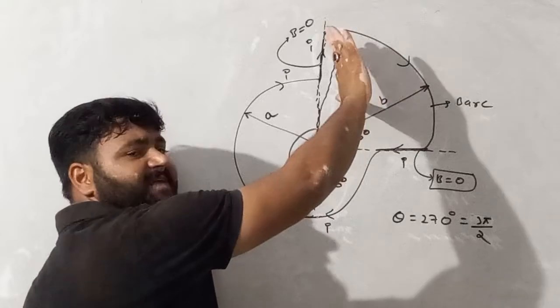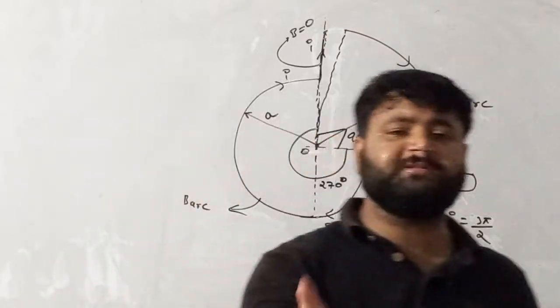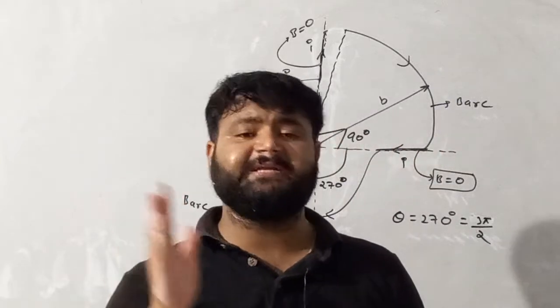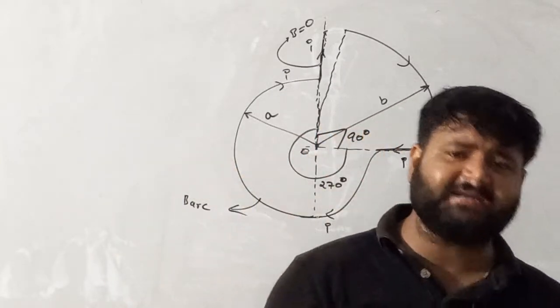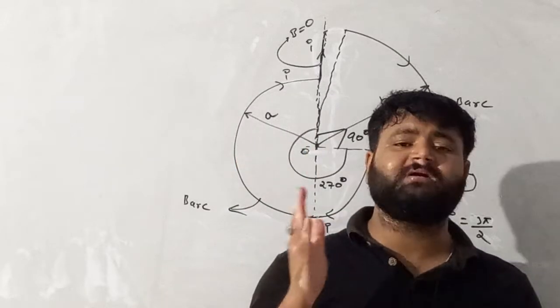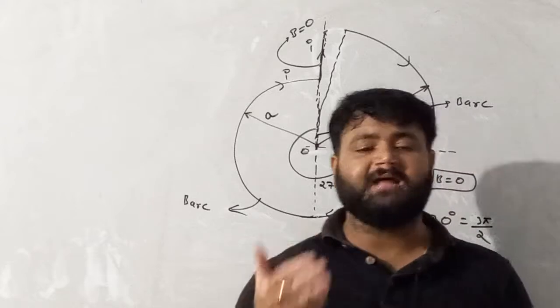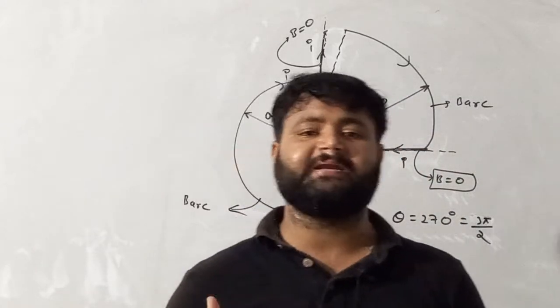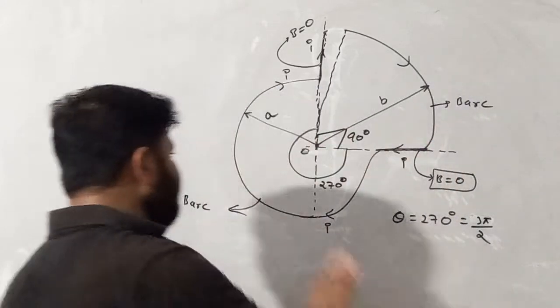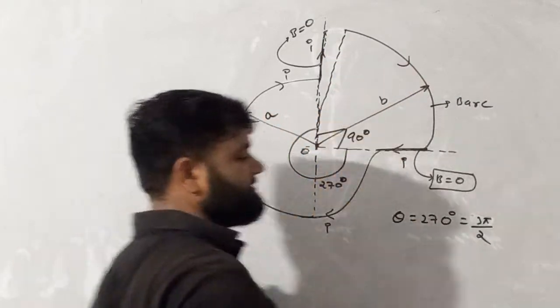Similarly, due to this arc as well, the direction of magnetic field is inside, because we know that the direction of magnetic field due to a semicircular arc or arc is found by the right hand screw rule, in which we have to curl our right hand fingers in the direction of current. The thumb gives the direction of magnetic field. So my dear students, thumb is inside, similarly thumb is inside.